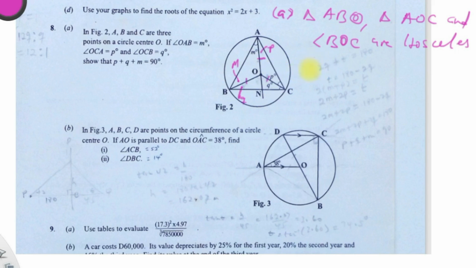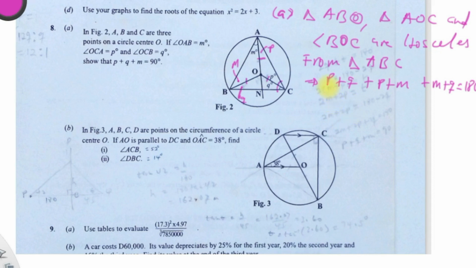So from triangle ABC, it implies that we have this side P plus Q, then this side P plus M, and then this side M plus Q, and the sum is equal to 180 degrees.